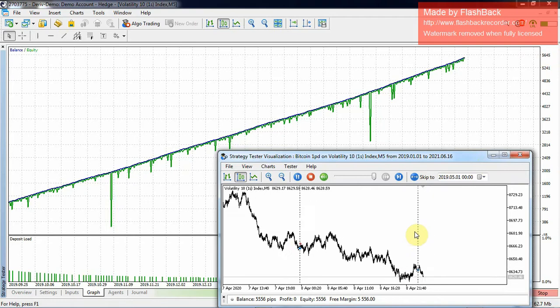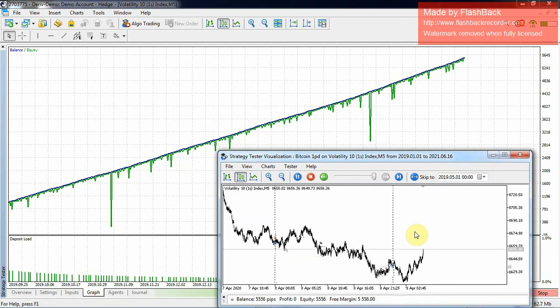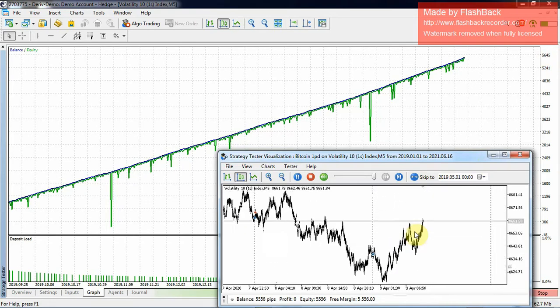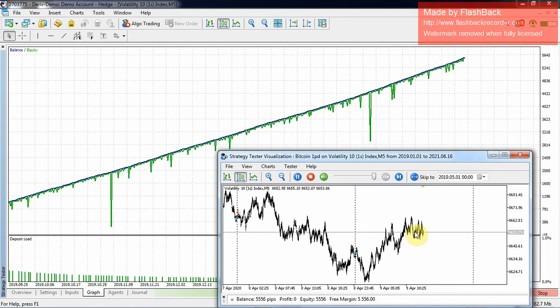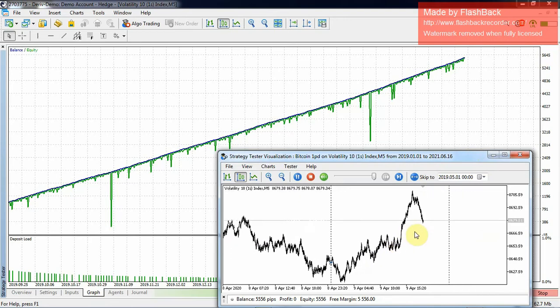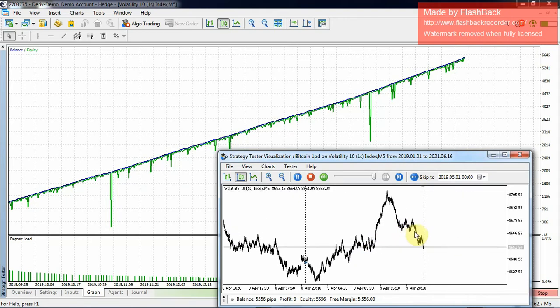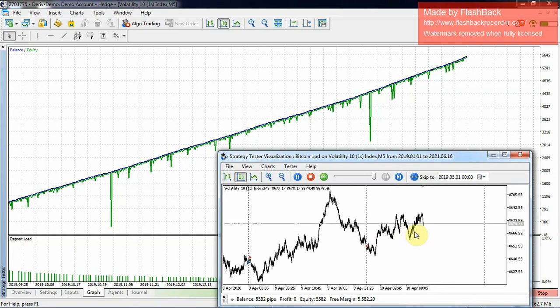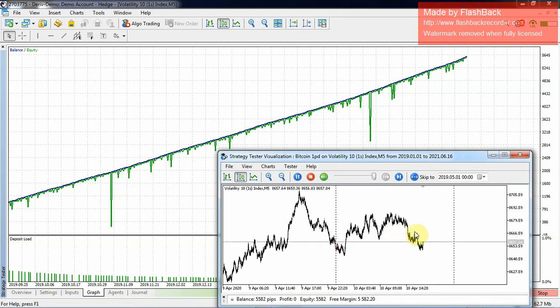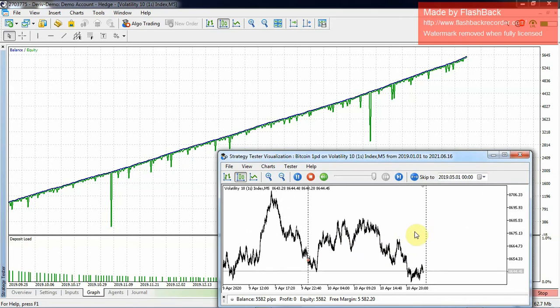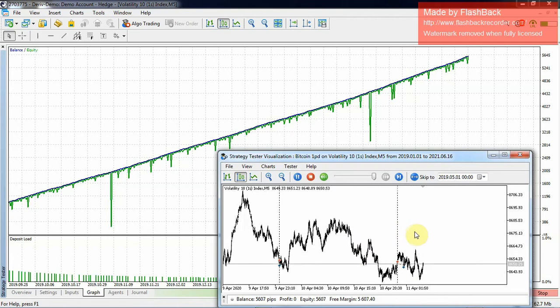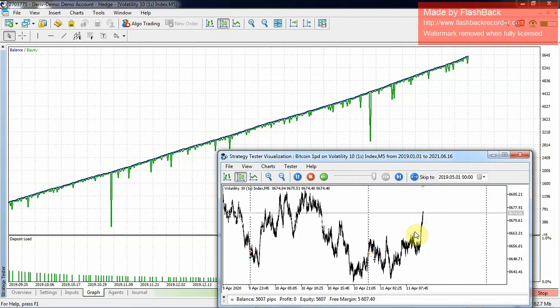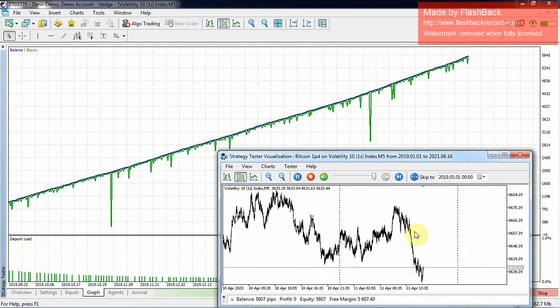I want you guys to check the consistency of this system. The big money will always come once you start compounding those profits. Once you start increasing the lot size steadily, the big money will come. I'm not promising you doubling of accounts in one trade or two or three or four trades. No, my systems don't work like that.